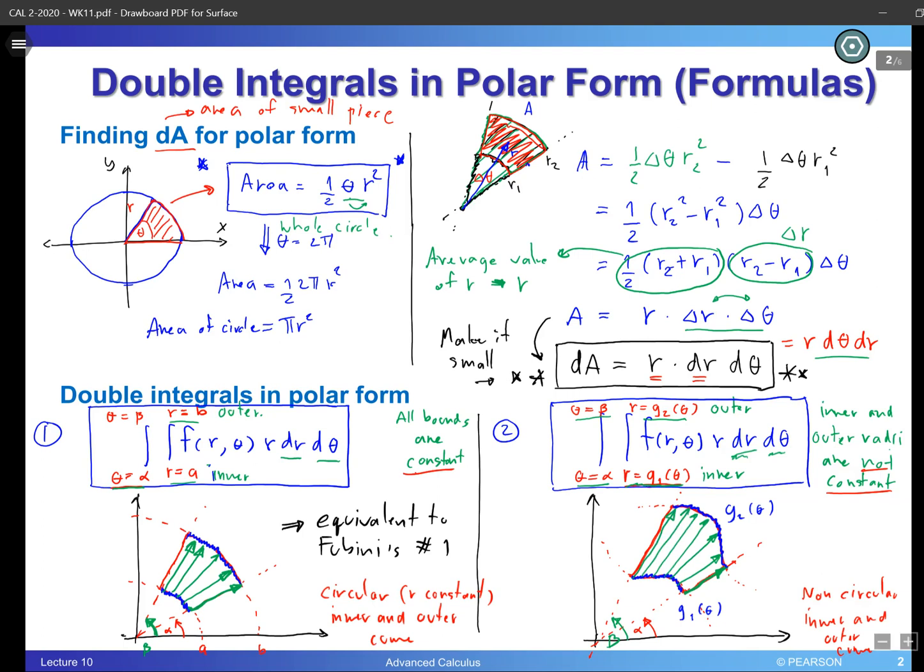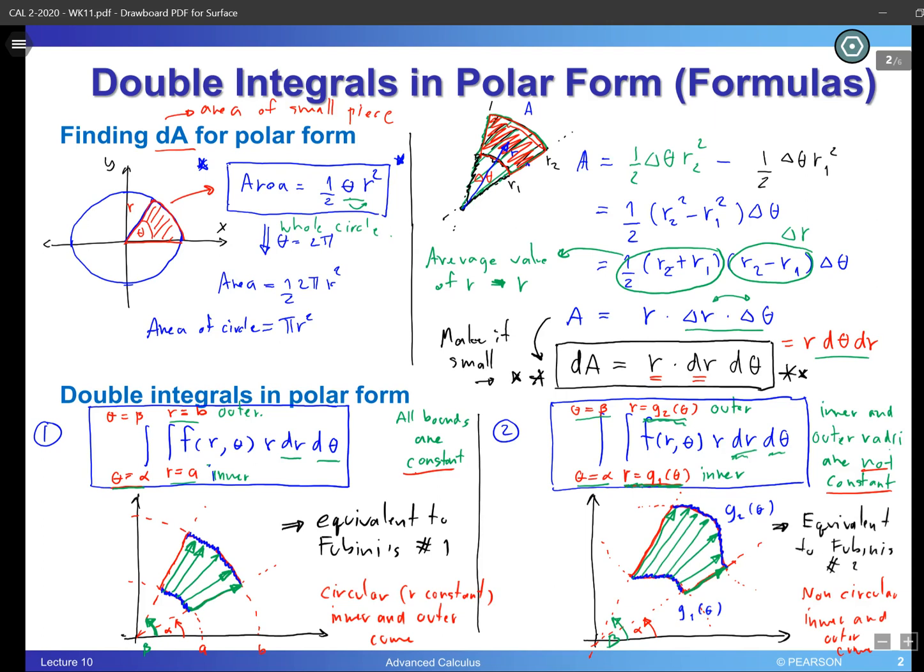And this one is equivalent to Fubini's theorem number 2. And the reason for that is because of this function right here, G1 theta and G2 theta.